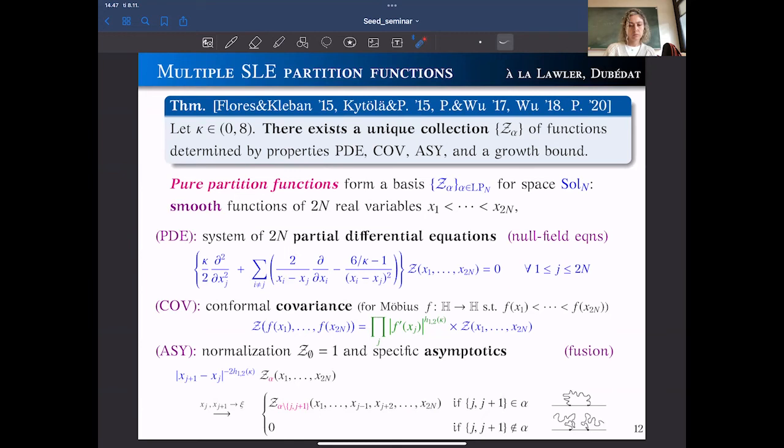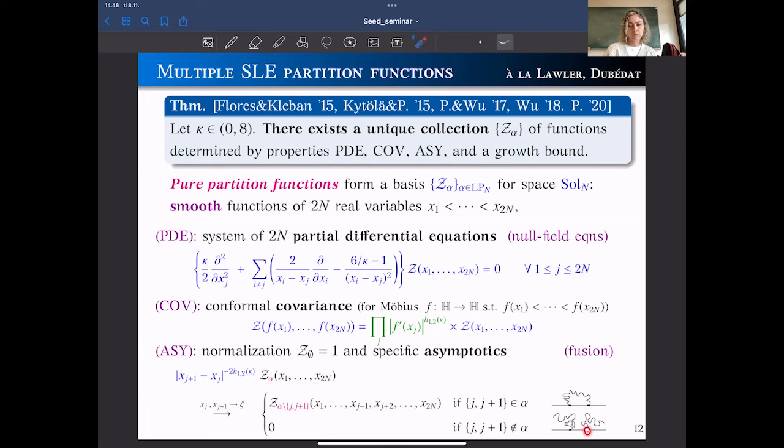So there's some indexing. You see alpha. Alpha is indexing the basis. So there's actually a finite basis for solutions. And alpha is representing which points are connected together by the curves. So in here, these j and j plus 1 points are connected by a curve. Now the idea is if I shrink these points together, somehow this curve should just disappear. So I'm removing the points over here and just taking alpha minus that pair.